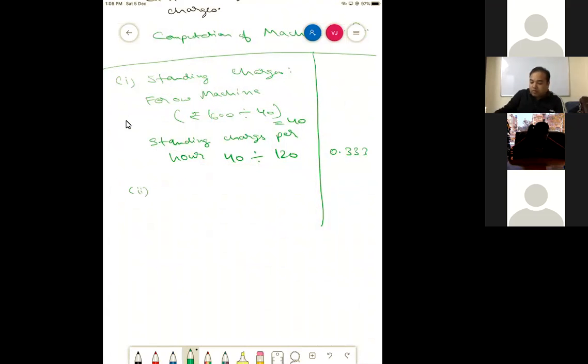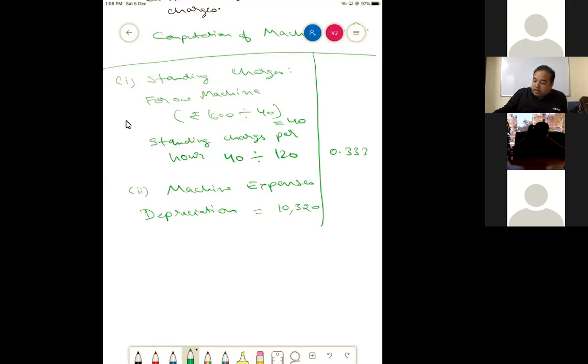Now second, what you have to compute? Machine expenses. Now in machine expenses, first one is your depreciation. Depreciation, how we compute? Cost minus scrap value. So here you can compute it. Cost minus scrap is 11,000 minus 680. You will get 10,320. This is your depreciation.